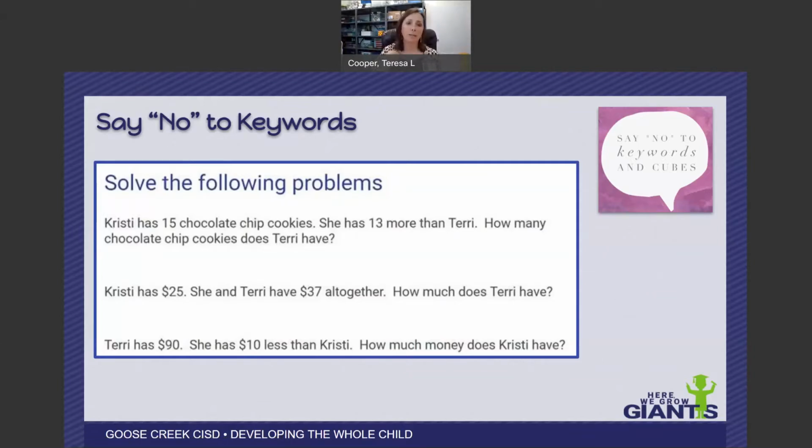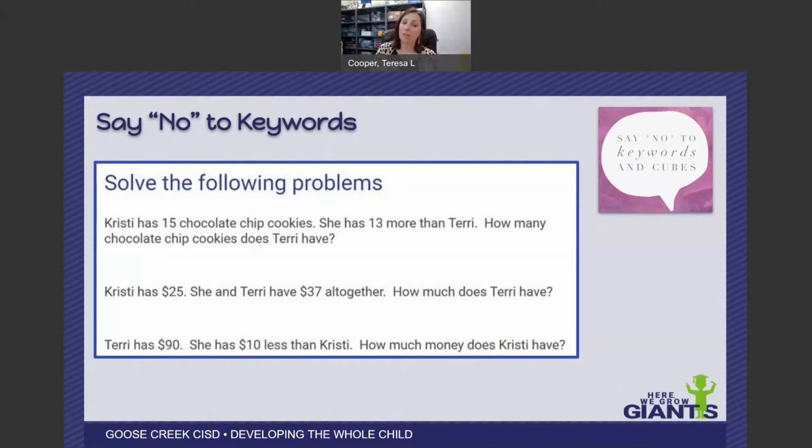And so I want us to look at these word problems real quick to understand why we say no to keywords. So this says Christy has 15 chocolate chip cookies. She has 13 more than Terry. How many chocolate chip cookies does Terry have? Now, typically, when we see Christy has this much and she has 13 more than Terry, then we want to add them together. But that's not the question.